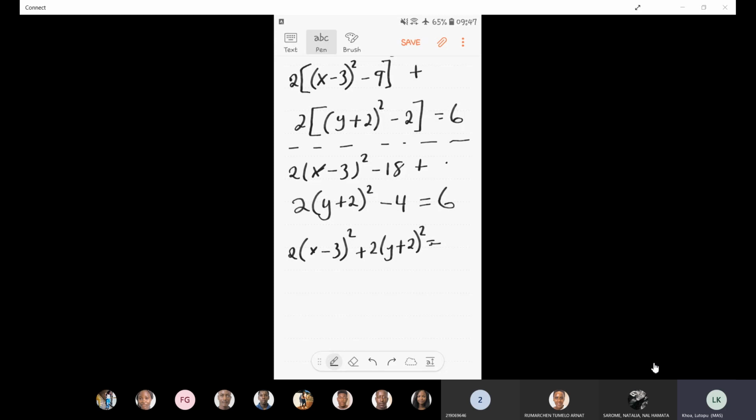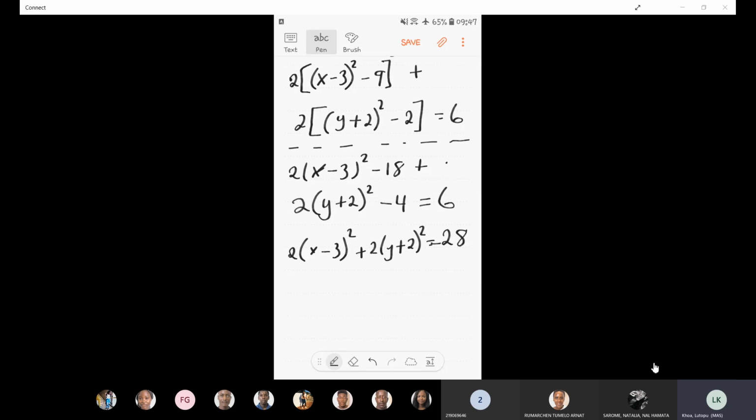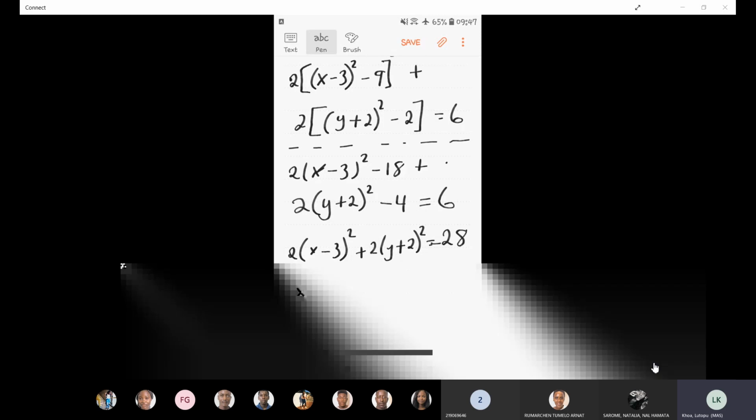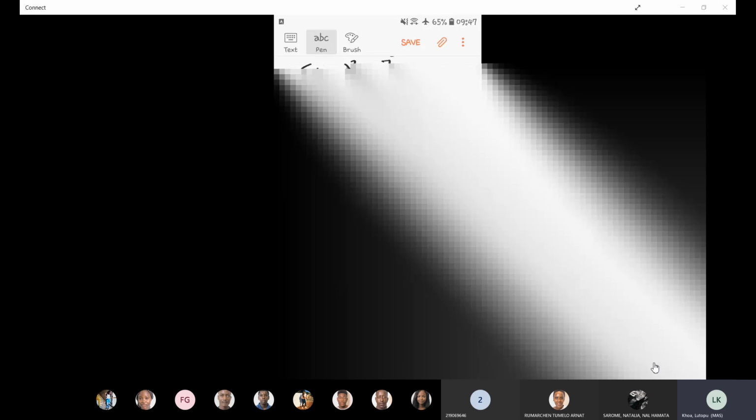I have to add them. So I have 22 plus 6, which is 28. Okay, because they're both negative. When they go to the other side, they should become positive. Then I will divide both sides by 2. So I have (x minus 3) squared plus (y plus 2) squared, and then this is equal to 14.